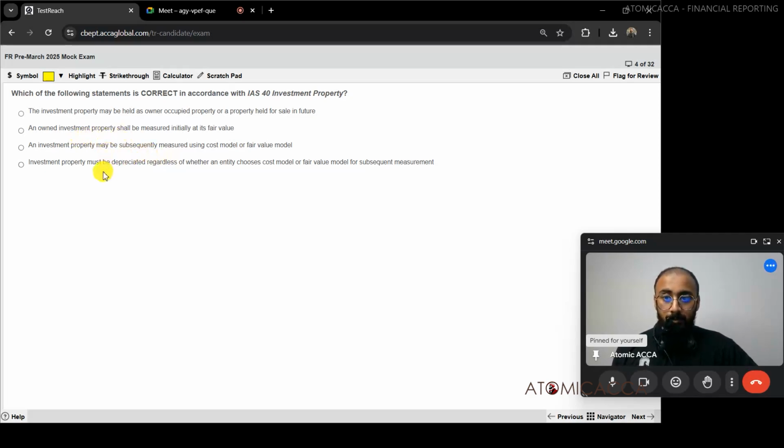So that is also out. An investment property may be subsequently measured using cost model or fair value model, correct? Investment property must be depreciated regardless of whether an entity chooses cost model or fair value model for subsequent measurement. That is wrong. You can do depreciation only for cost model. In fair value model, there is no depreciation. So hope that one is clear.